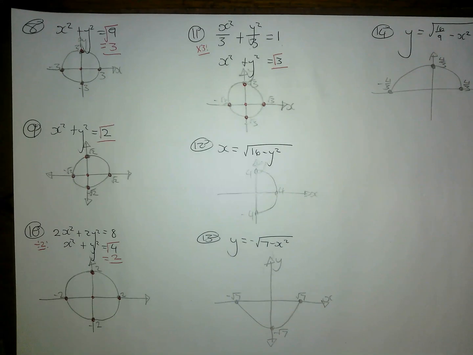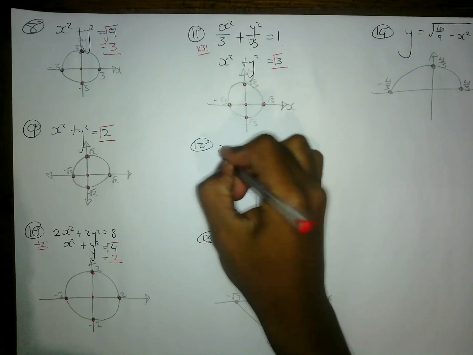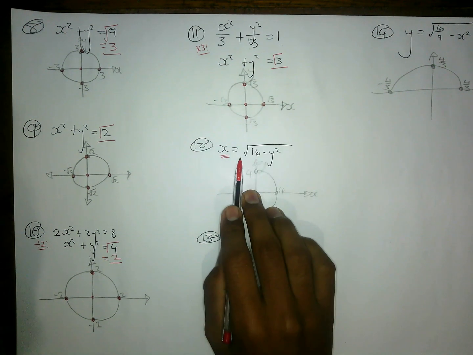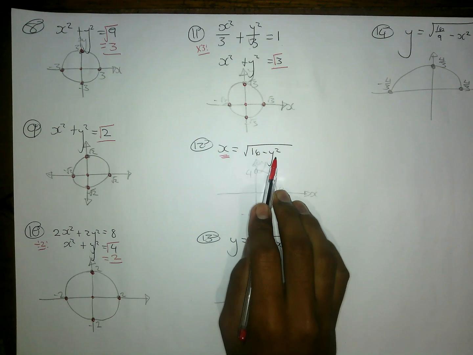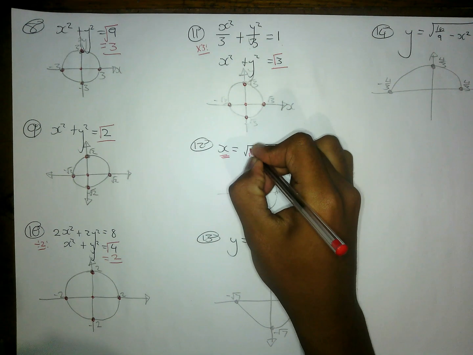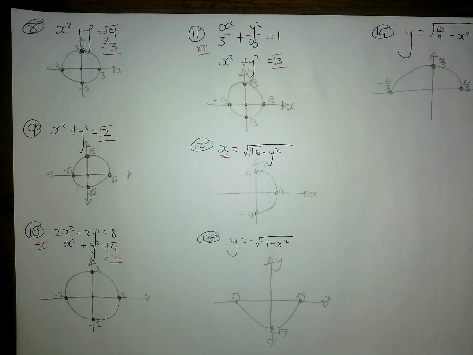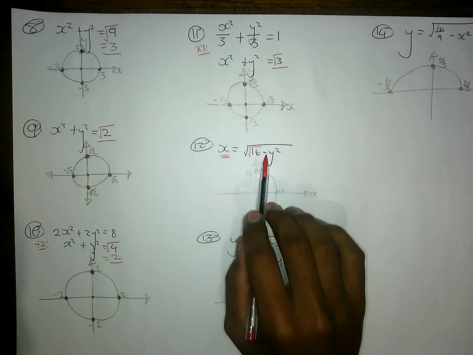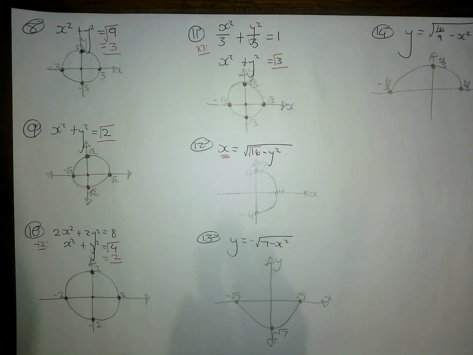Next one. This next one is actually a half circle. What I want you to pay attention to is just x. It's saying x equals square root of 16 minus y squared. Very easy to plot and draw also. Forget about the square root there and the minus y squared there. That does not matter for now. We look at the number inside.